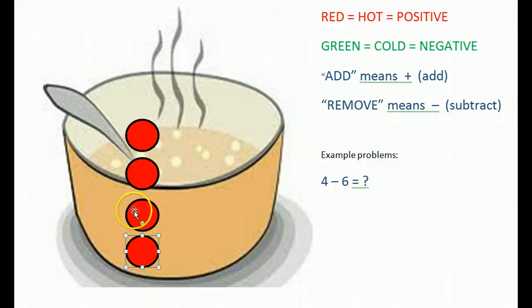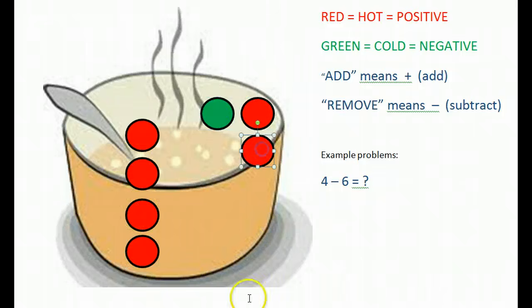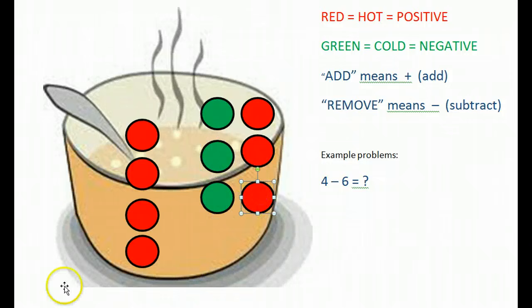Well, here's the key to understanding this. You have to realize that there are an infinite number of 0 pairs in this soup already. I'm adding pairs of numbers here, 0 pairs, and I am not changing the temperature of the soup at all.